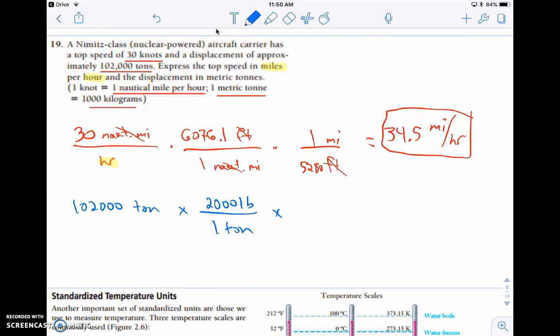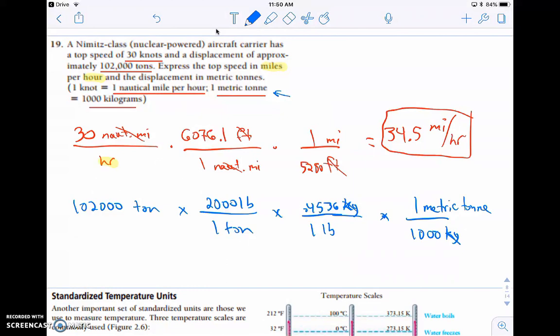And then we're going to use the conversion that we used before, which was 1 pound was 0.4536 kilograms. And that's going to cancel out our pounds. And then we're going to multiply that by this idea that, again, 1 metric ton is 1,000 kilograms. So 1,000 kilograms, I want that on the bottom so kilograms will cancel, is 1 metric ton.